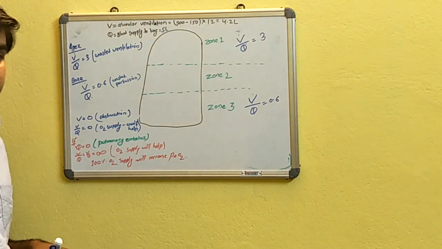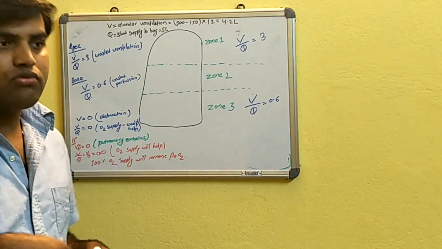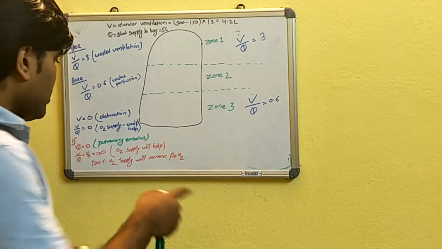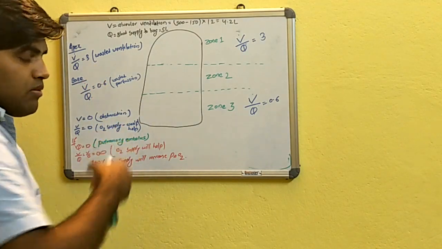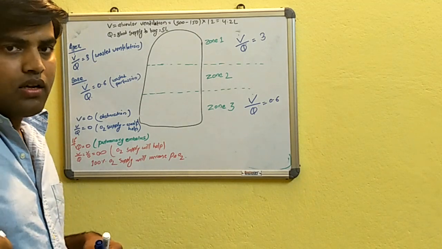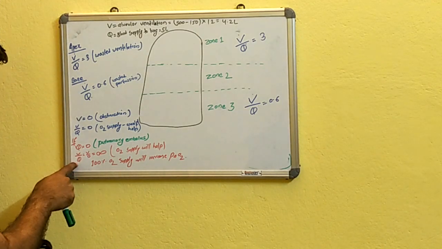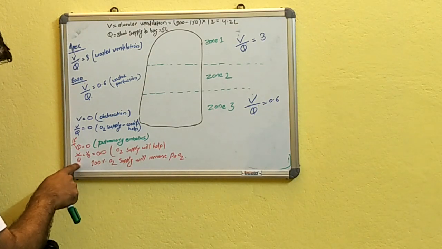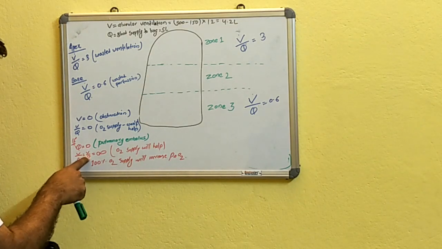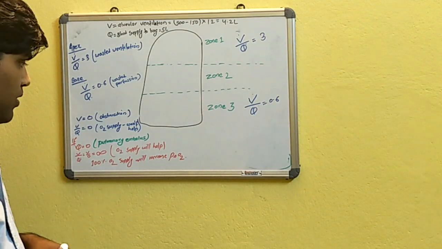But if ventilation is coming, there is no obstruction, but now blood is not going due to an obstruction of the blood, suppose say pulmonary embolism. So there is an embolus. Now blood is not going beyond that. There is no blood in the lung, but air is coming. Ventilation is there, but blood supply is not there. So blood supply is zero, and anything divided by zero becomes infinity.